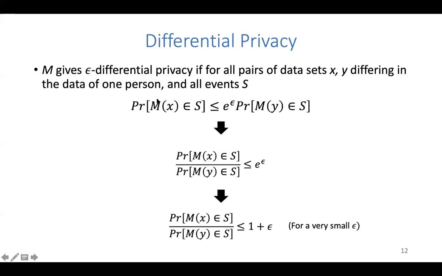If we say that the mechanism M provides epsilon differential privacy, then it works for all kinds of X and Y and S. It doesn't work for just one particular data set or one particular output. It means that M guarantees epsilon differential privacy for any data set that differs by one record and for any potential output. So it's a very strong guarantee.